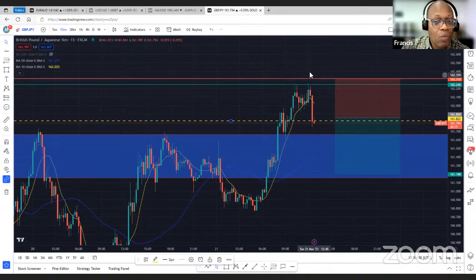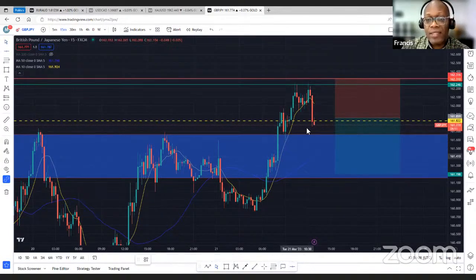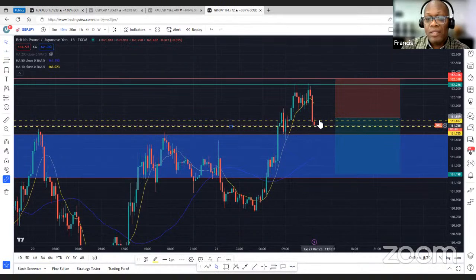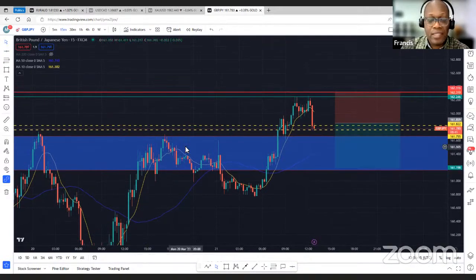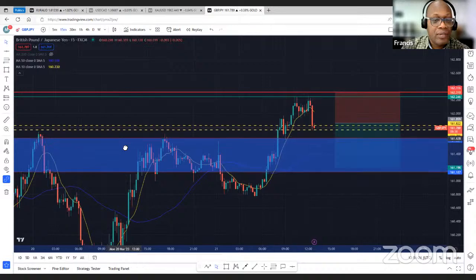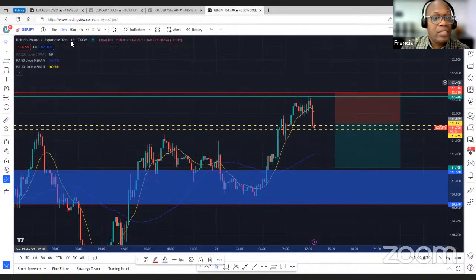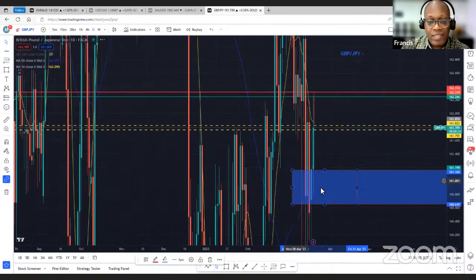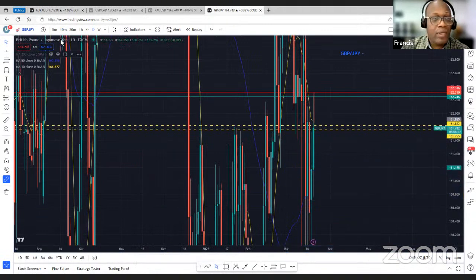Just a quick one, a one candle stop loss as it were. I've not entered yet. I haven't entered yet. So somewhere around here is where I'll be looking to get in. You know what, let's take this box off actually. Let's take it out of the way.